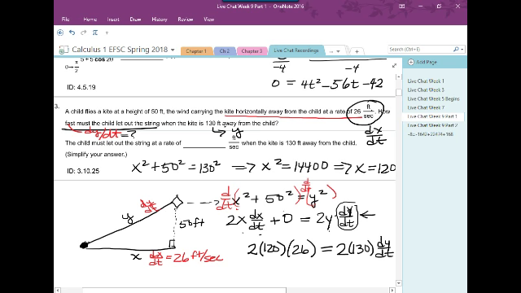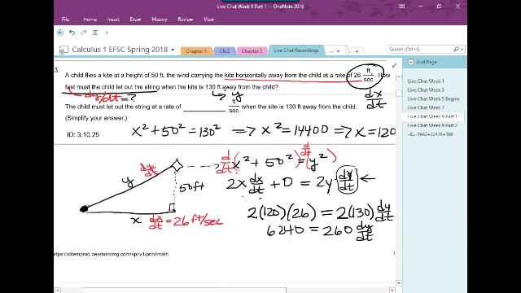So that's going to be 240 times 26 equals 6240 equals 260 dy/dt. And then we're going to divide that by 260 on both sides, and we get dy/dt equals 24. So it would be 24 feet per second.